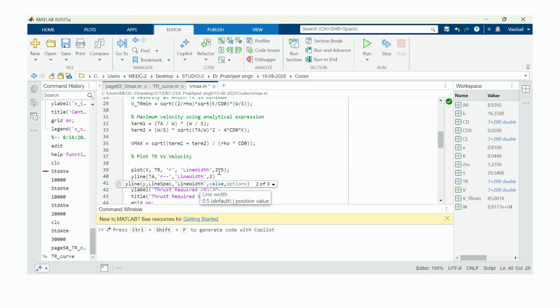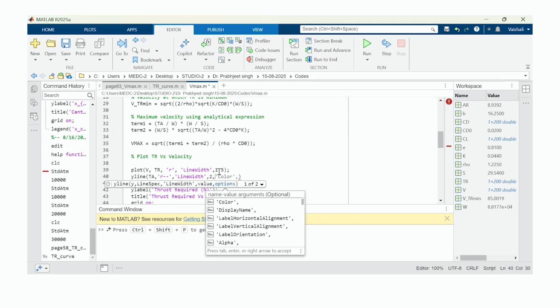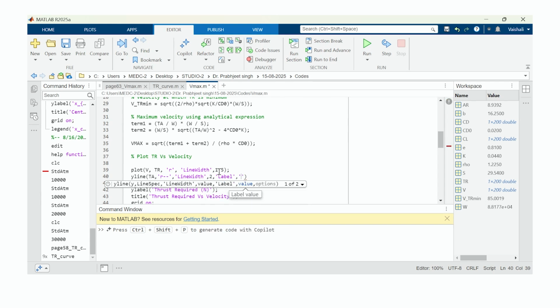I will also like to label it as thrust available, how much? 32,485 newtons.